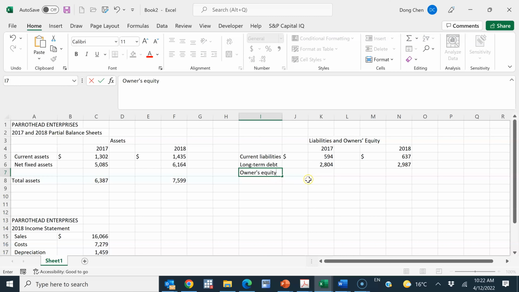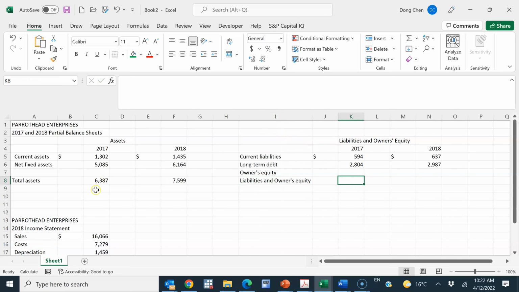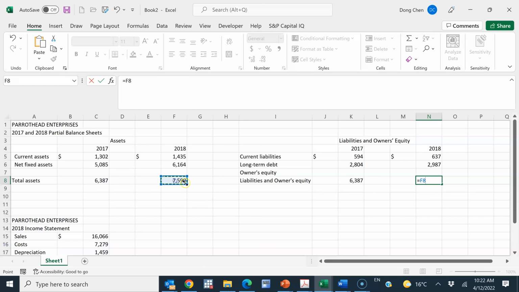So the only thing which is missing is owner's equity. Actually, the first part of the question asks us to calculate this number, but we know that liabilities and owner's equity should be equal to the total assets based on the balance sheet identity. So this is going to be equal to the corresponding total assets for the corresponding year.